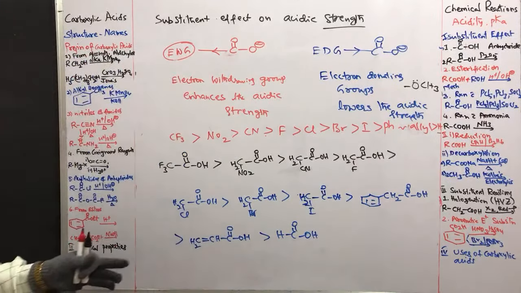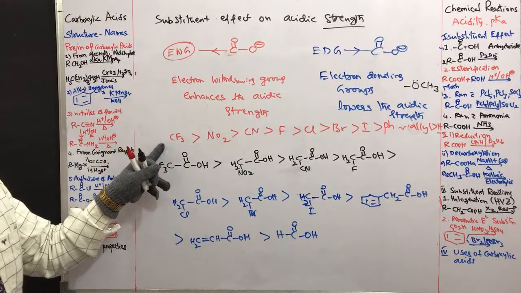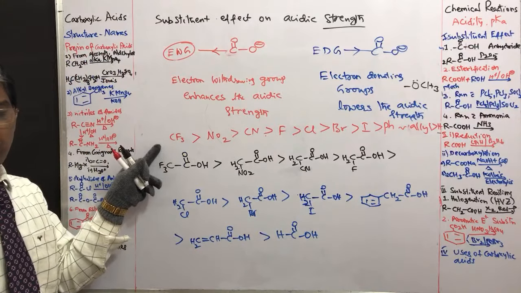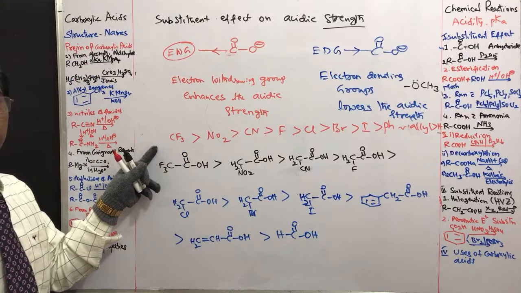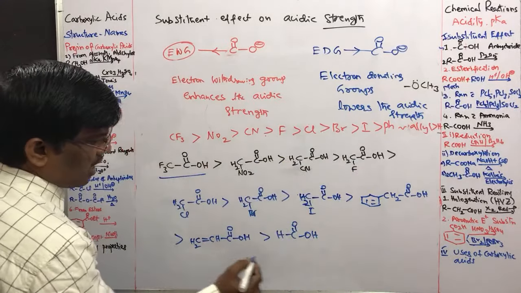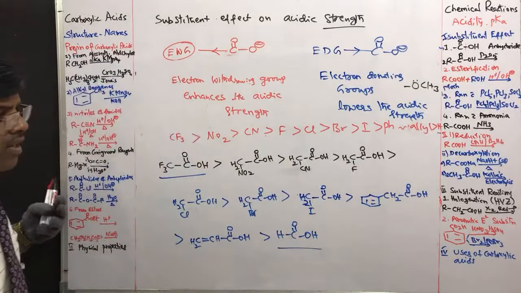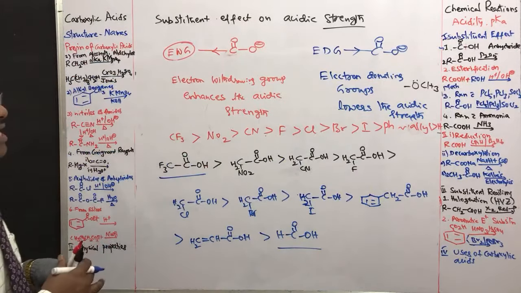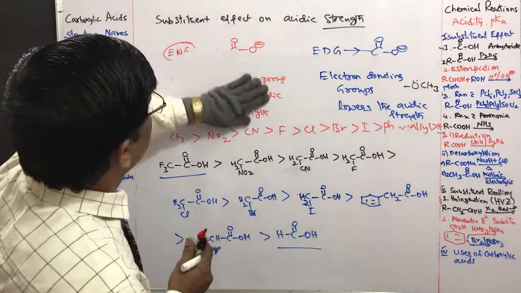Yes. So this is the way the influencing groups or electron withdrawing groups are going to have an effect on carboxylic acid strength. That means this is the strong acid and this is the weak acid. So let us take some examples and see the acidic order.